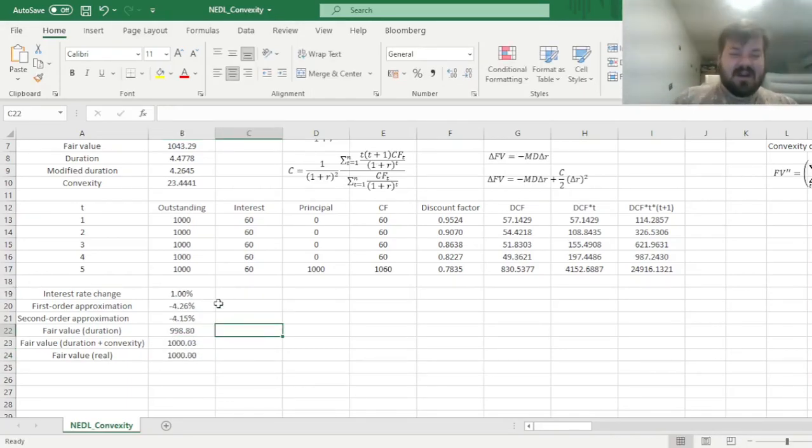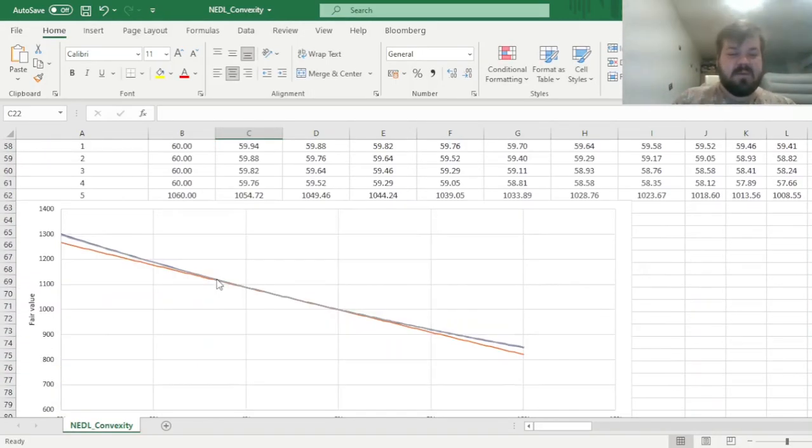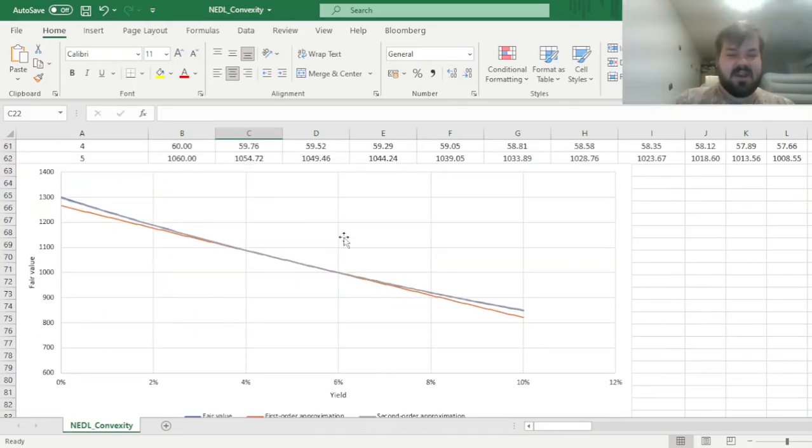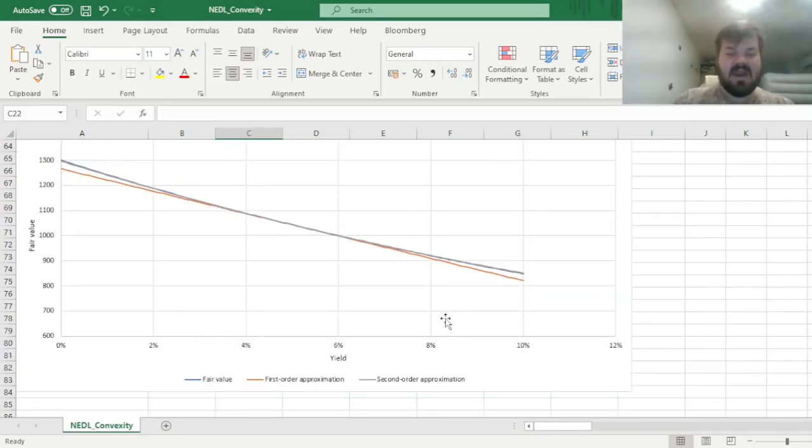And graphically we can see the property of those approximations over here in this particular chart, where we can study the approximations and the real fair value of bonds calculated directly for different values of the yield.